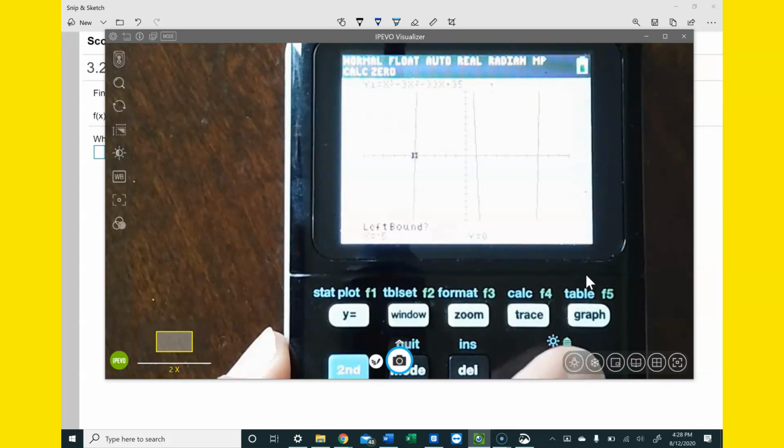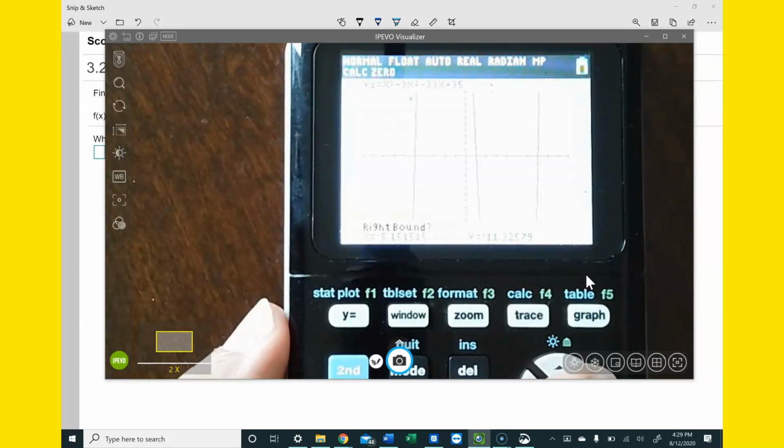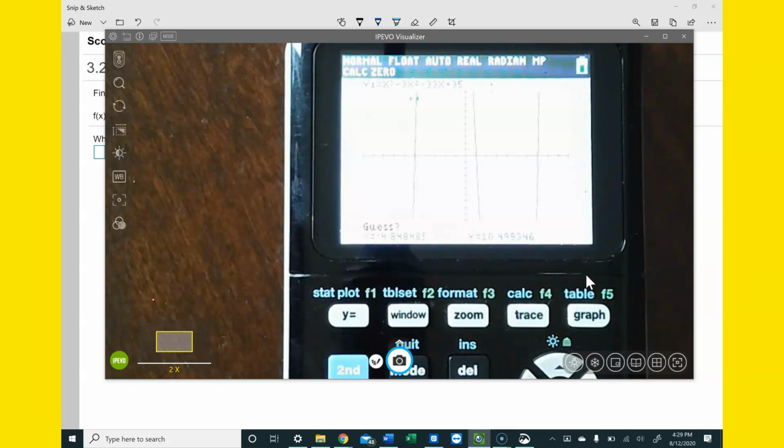Left bound, I want this blinky thing to be to the left of this point that I'm trying to find. So I click to the left and I know it's to the left of that point. I hit enter. Now it says right bound, I want the blinky thing to be to the right of that point. So I click to the right. Now I click enter. Then it says guess, and I can bring my little blinky thing close to the point that I think it is and hit enter. And now it tells me that the answer is negative 5, 0.